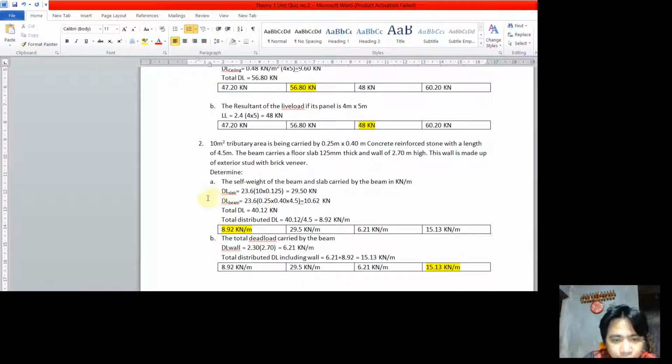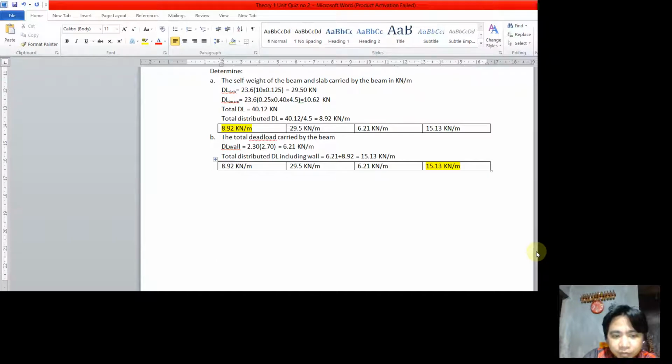So we're gonna multiply it by the height. Remember, this is kilonewton per square meter times height in meter, so we'll have kilonewton per meter as a unit. So 6.21 here will be added to 8.92. That will be the total distributed dead load including the wall, equivalent to 15.13 kilonewton per meter. And that is the answer for number 2B.